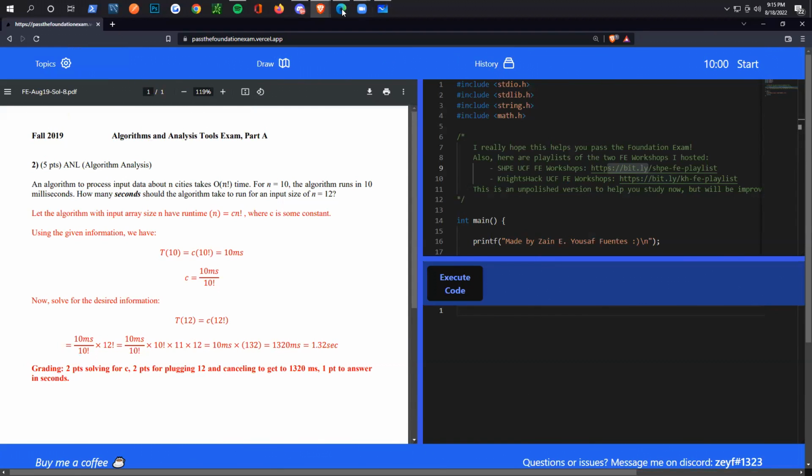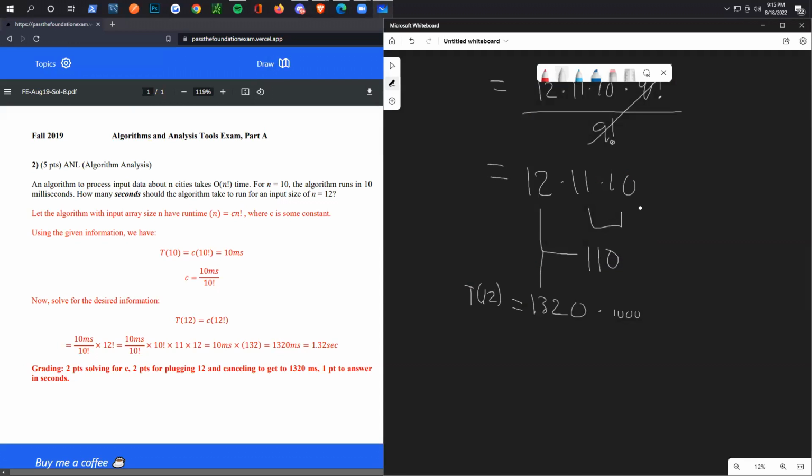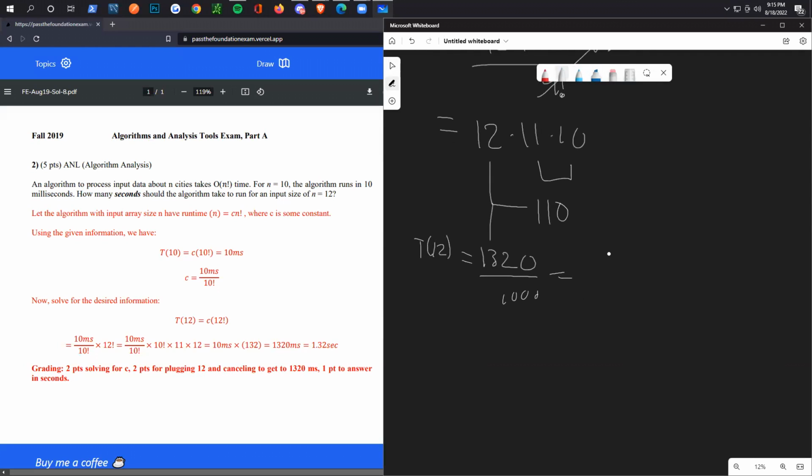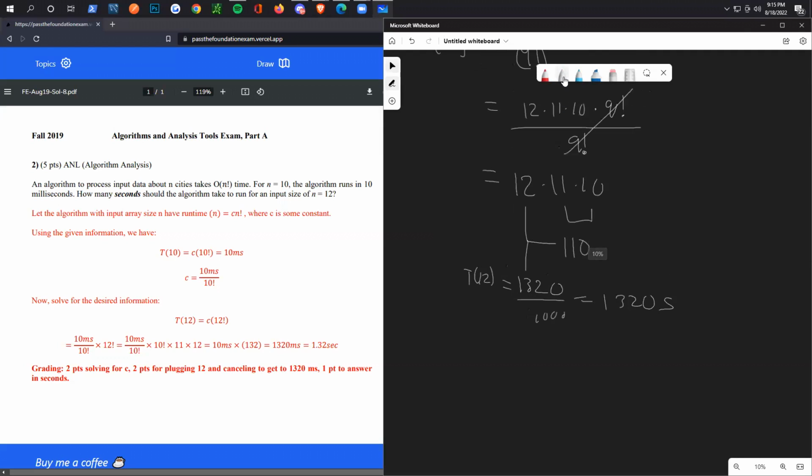Actually, sorry, I meant to divide, my bad. So you end up dividing by 1,000. They give it to you in millisecond, they want you to go to seconds. So yeah, just divide by 1,000, that'll give you the runtime. There we go. That's the amount of time that it takes.